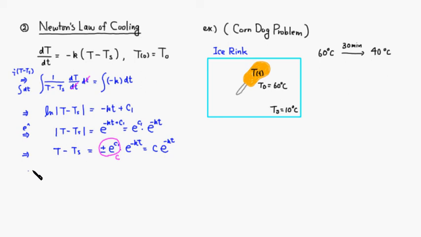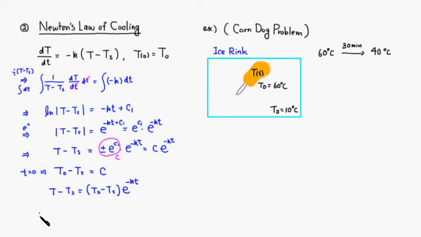If t equals 0, we know that T(0) = T0, so T0 - T_s is equal to C times e to the 0, which is just C. So we found C to be T0 - T_s. Therefore, we get the equation T - T_s is equal to (T0 - T_s) times e to the -kt.